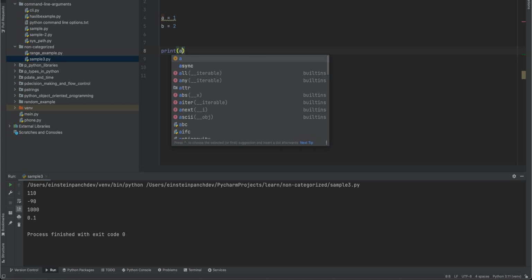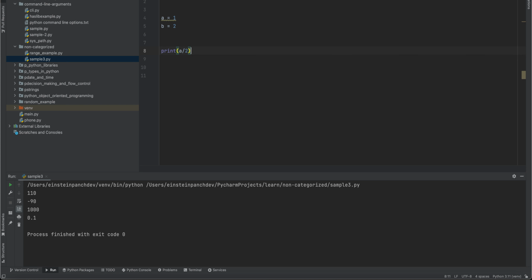Print a divided by b will print 0.5. Print a floor-divided by b will print 0.